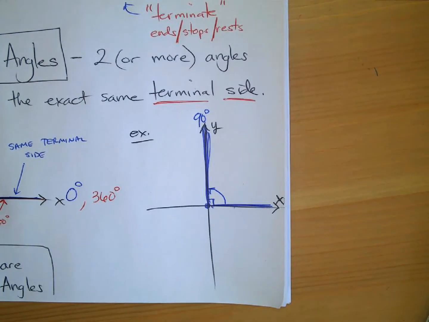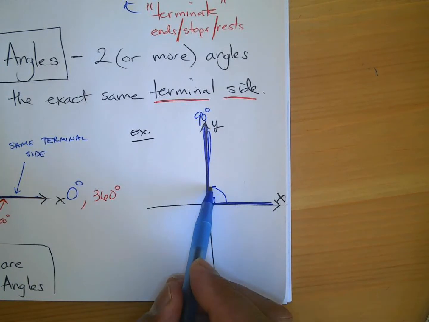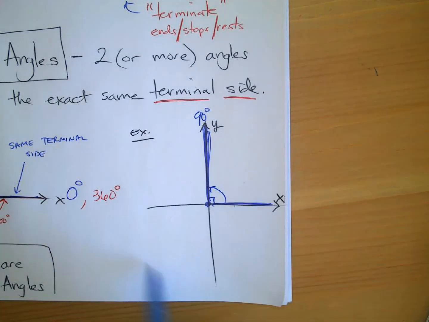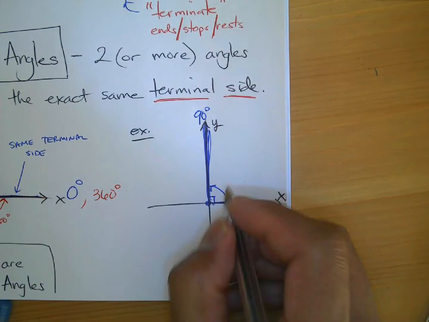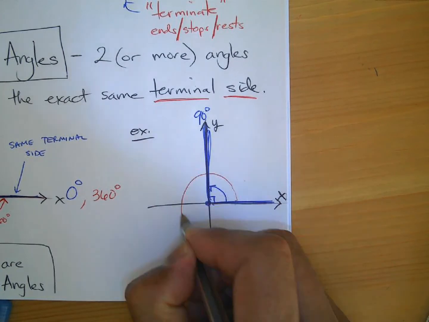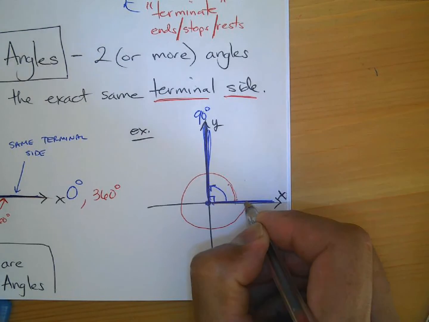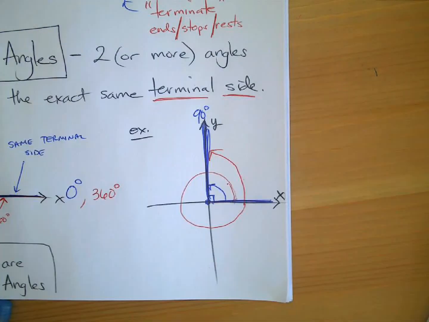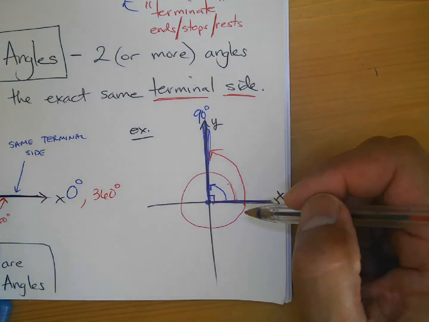But what would be another angle coterminal to it? If I go 90 degrees, what do I have to do to get back there again? If I'm considering another angle, I would have to start here and go all the way around to 360, plus 90 more, to get back to this same terminal side.